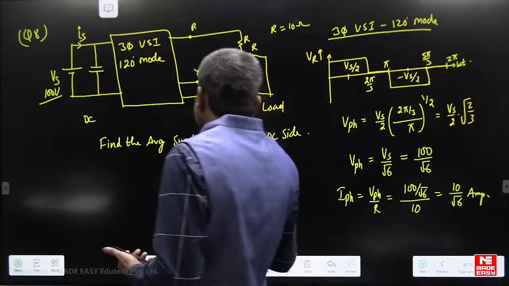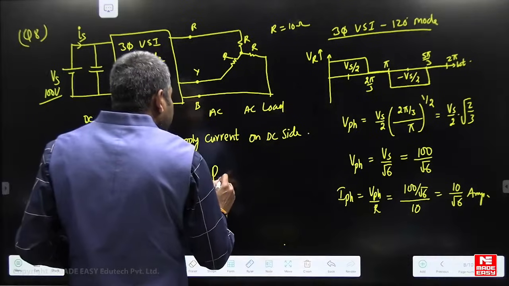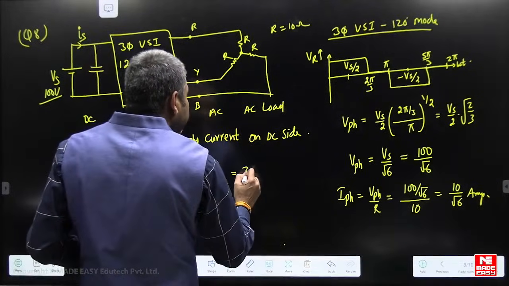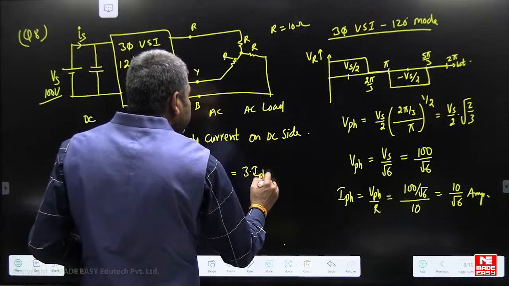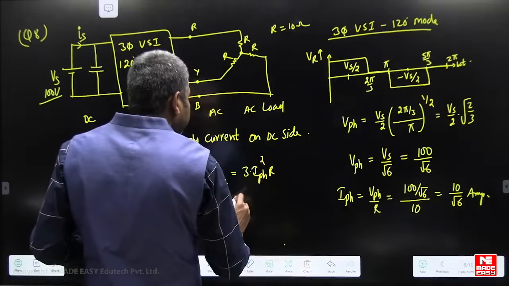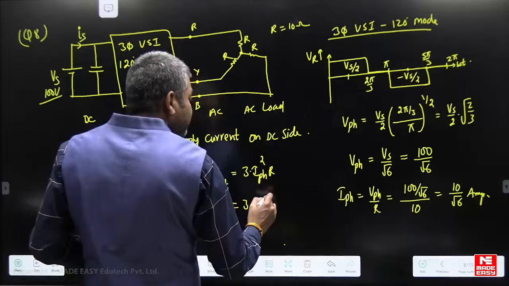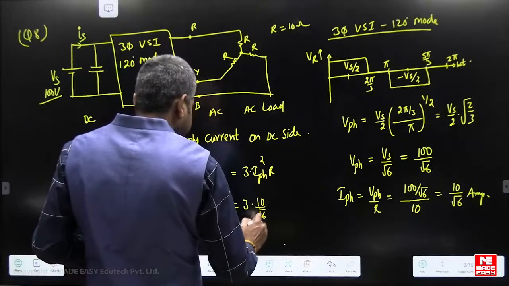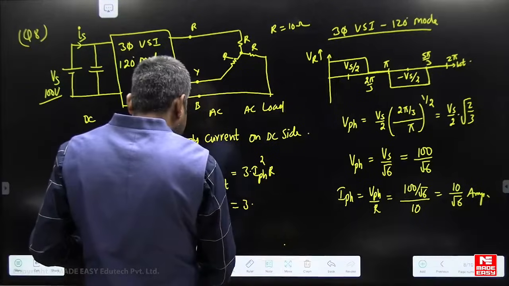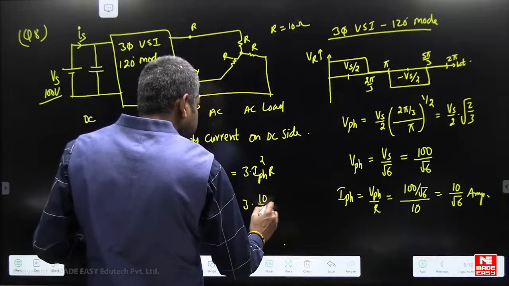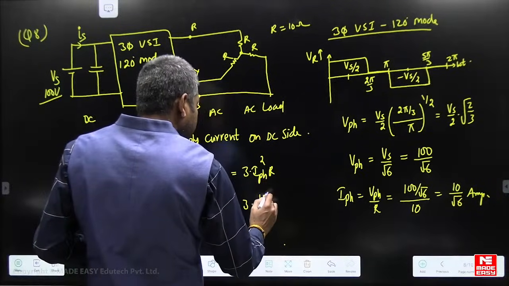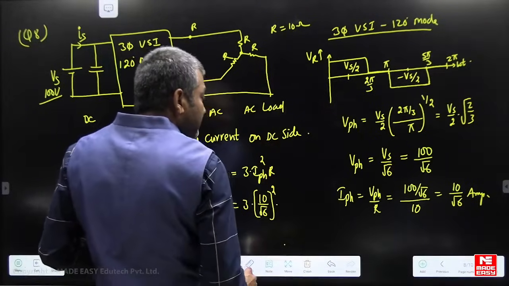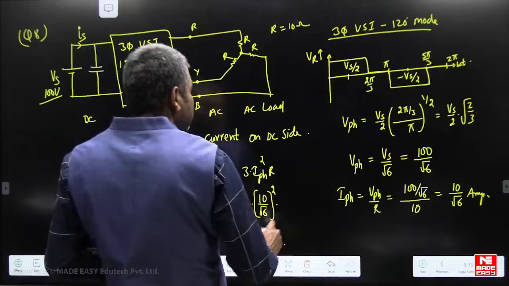Now, what is the output power? Power loss in 3 phases is 3 times phase current whole square into R. So 3 times phase current, which is 10 by root 6, whole square, into R, which is 10.